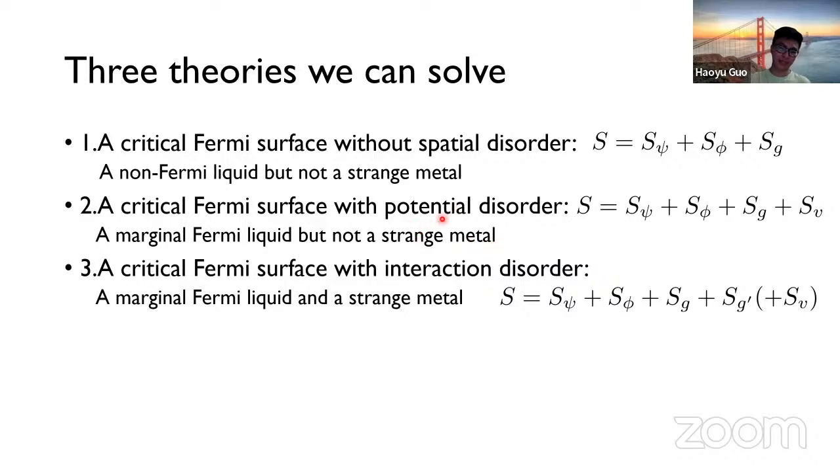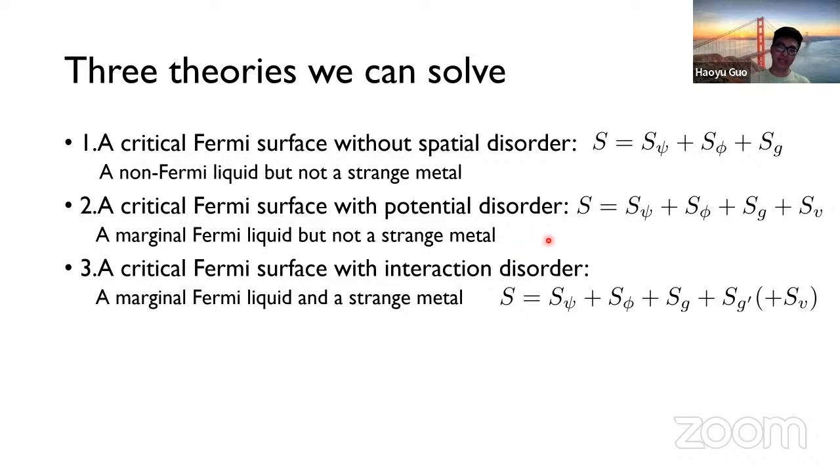The first thing we tried, the more conventional choice, is to add some potential disorder for the fermions. By looking at this theory, we found that we can get a marginal Fermi liquid in the self-energy. But when we compute the transport properties of the system, it turns out that the marginal Fermi liquid self-energy doesn't survive in the transport. So it is not a strange metal.